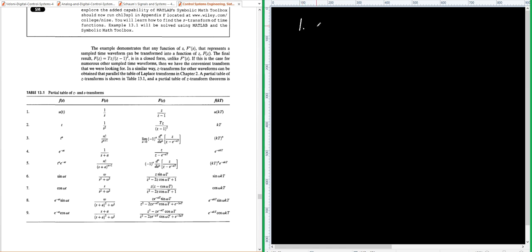Let's say our x(n) here is mu(n). So mu(n) is a step signal, and this is your 0, 1, 2, and so on.